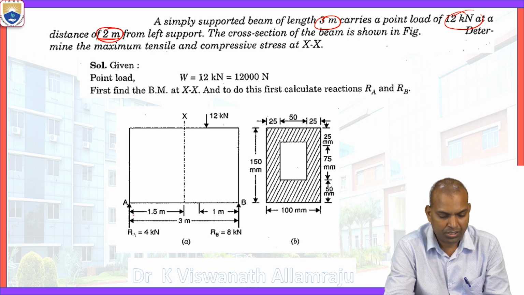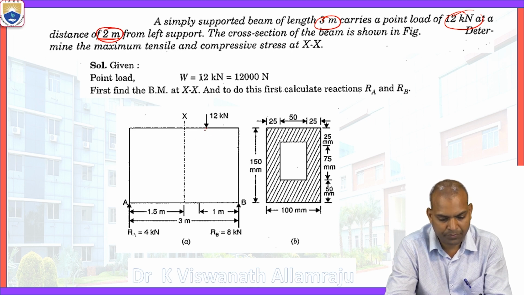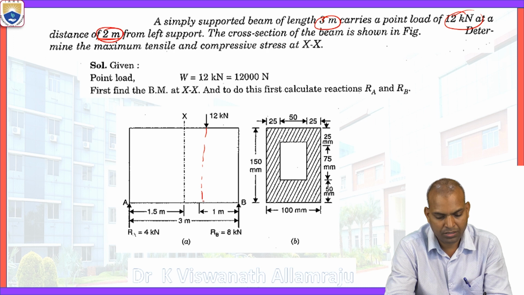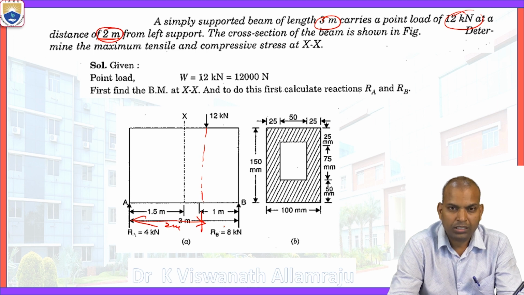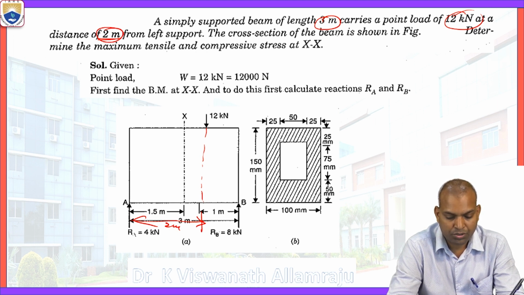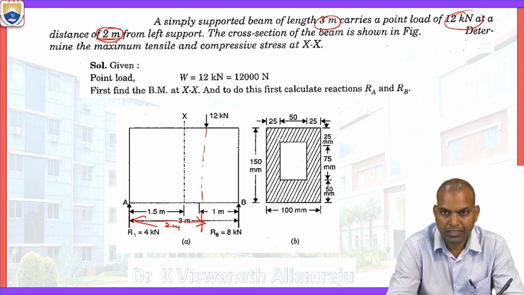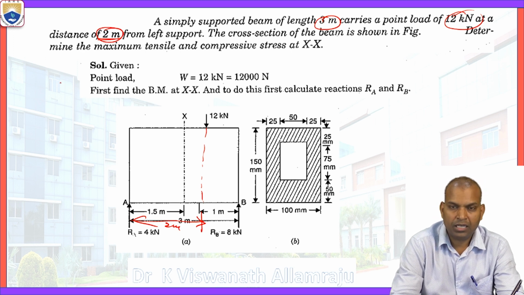The cross section of the beam is shown in the figure; that is a hollow rectangular section. Determine the maximum tensile and compressive stress at XX.